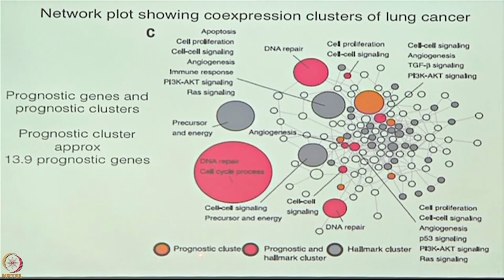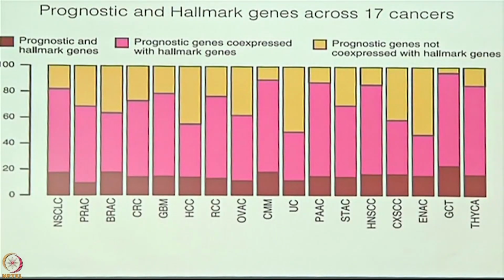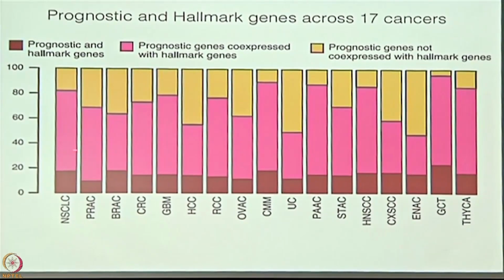And then there is a third group in which we say this is a prognostic cluster, but hallmark hasn't talked about it. A slightly different way of putting this. These are the prognostic and hallmark genes. We agree. These are the prognostic genes which are co-expressed with the hallmark genes. And these are the different prognostic genes which we found in our study, which the hallmark papers have not mentioned.